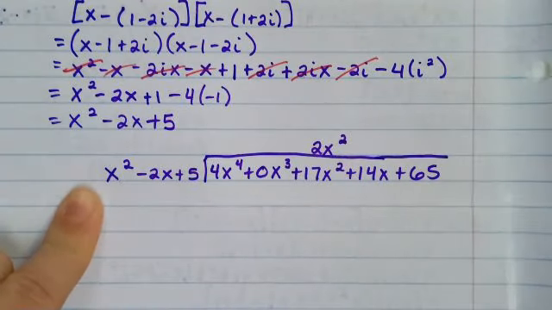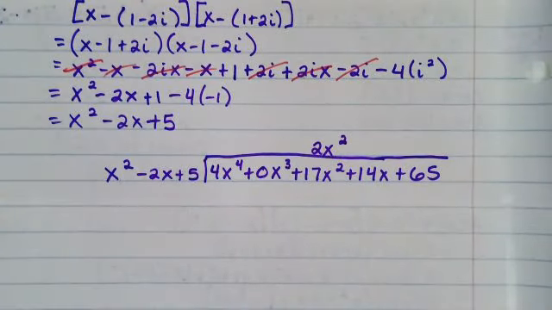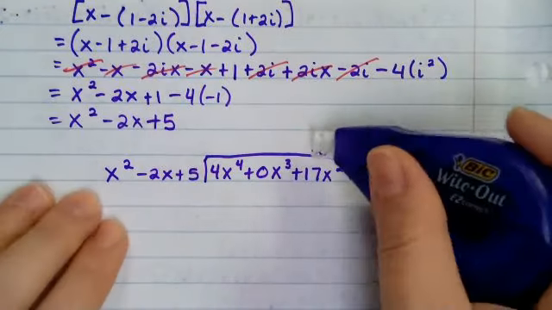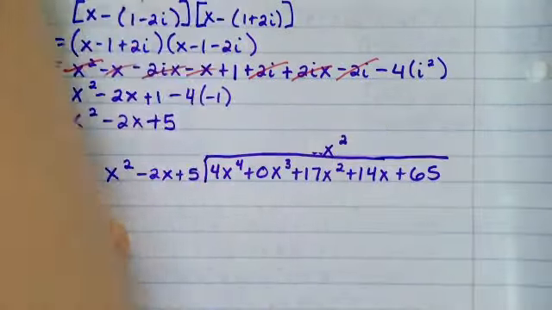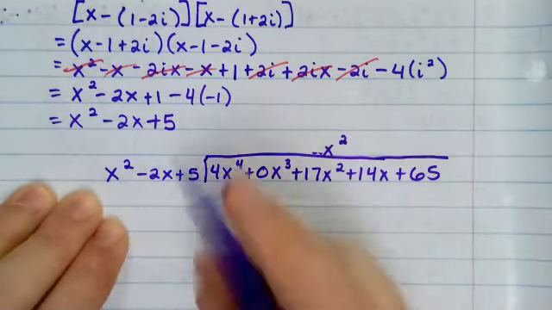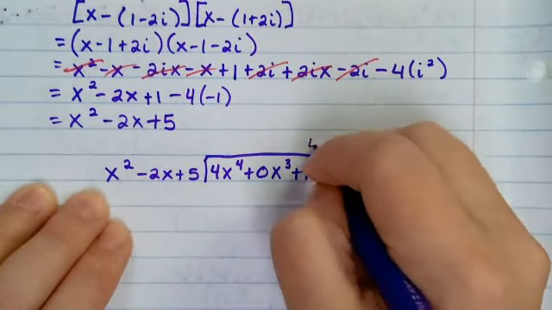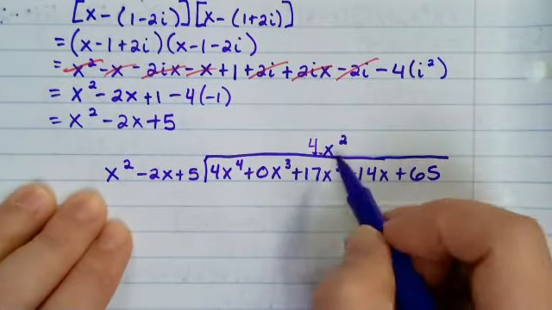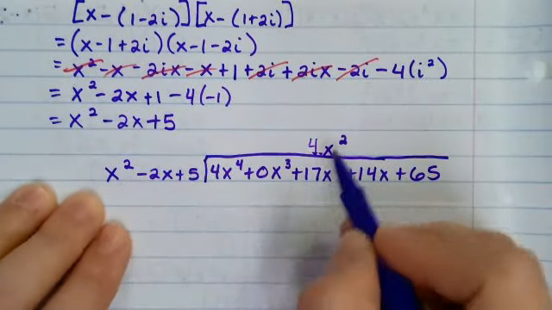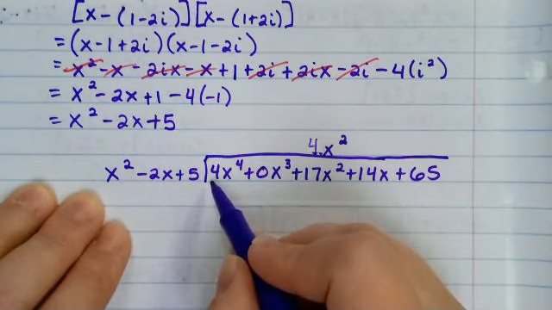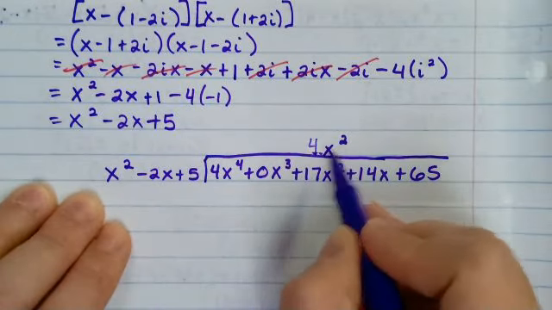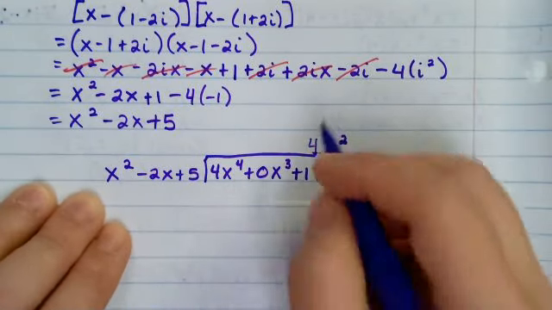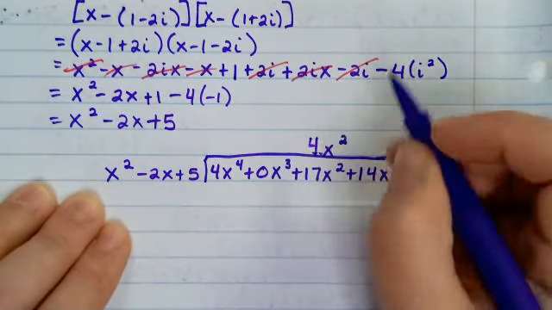Another way to go about it is to ask yourself, x squared times what gives you 4x to the fourth? That'd have to be 4, right? 1 times 4 gives me 4, and then x squared times x squared gives me x to the fourth. So that's where we're getting this number from.